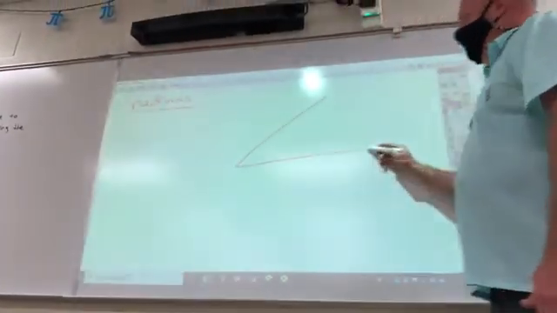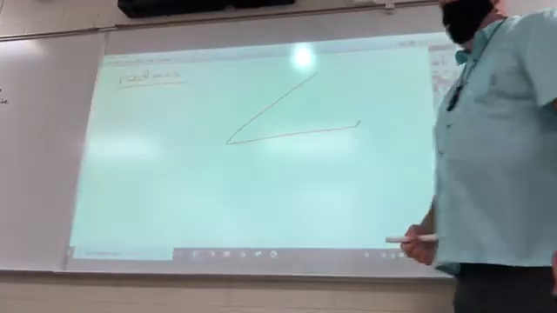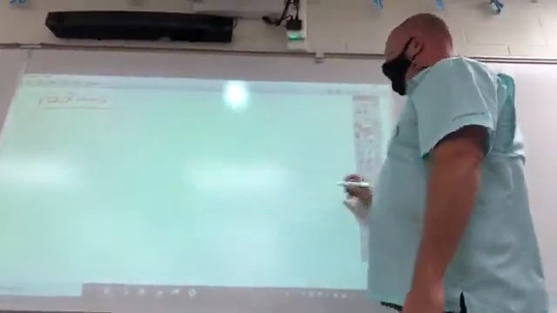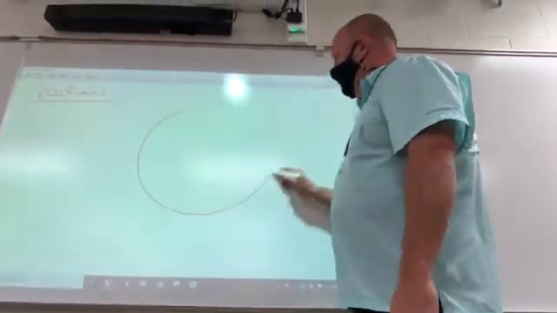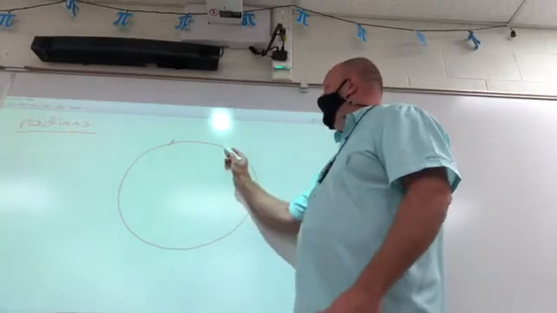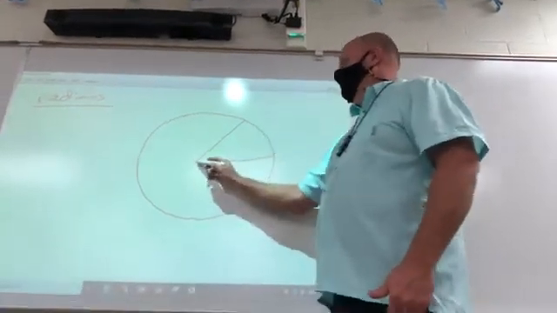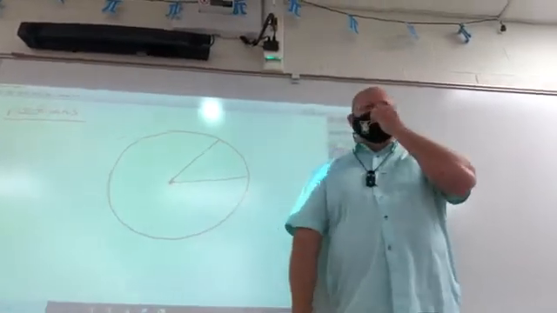Instead of thinking about an angle in terms of how far it opens, right? Instead, if we take that angle and you inscribe it in a circle, going to the center point. Okay?